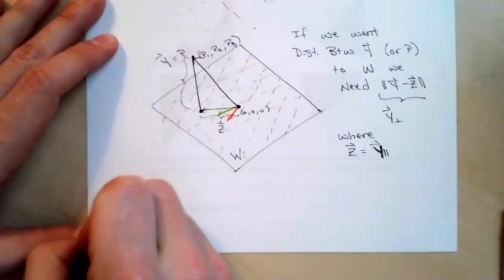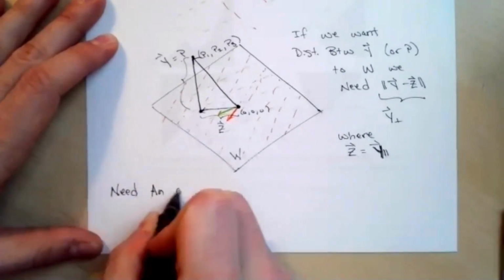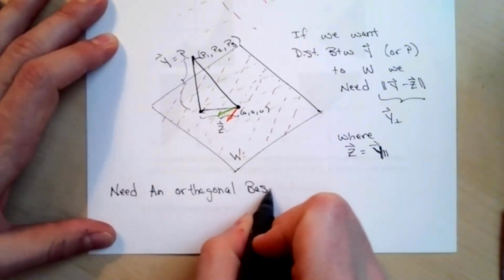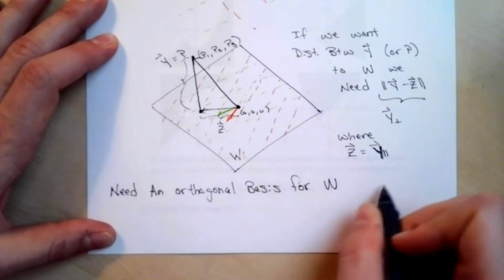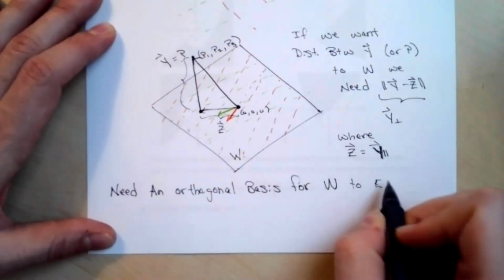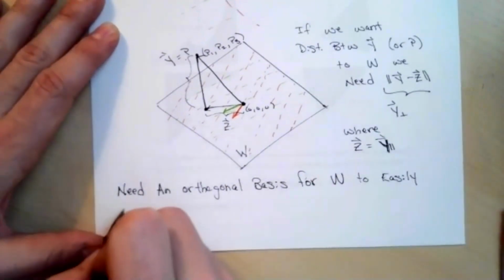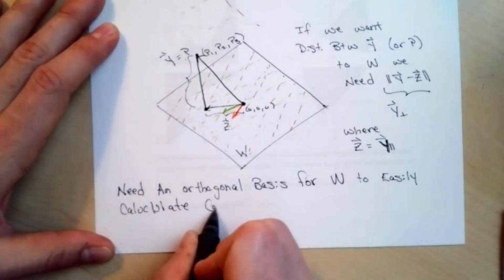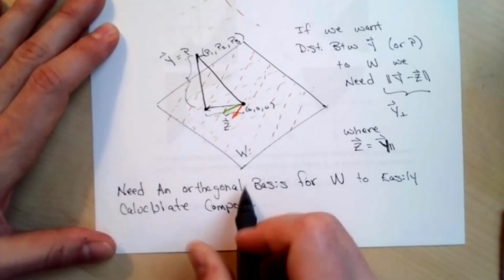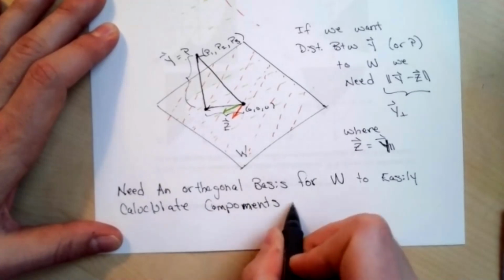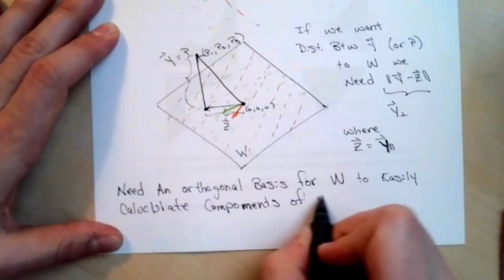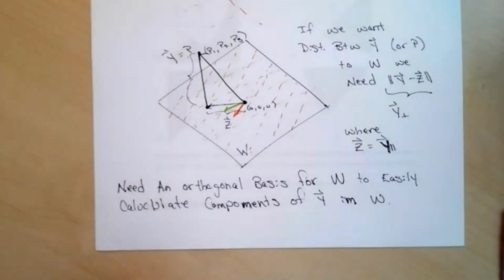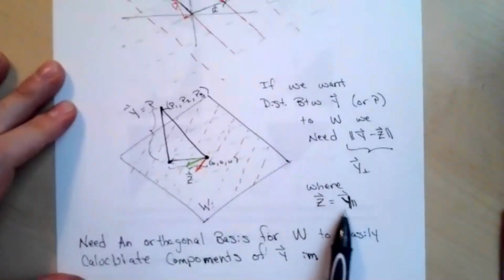So I'll just summarize that. We need an orthogonal basis for W to easily calculate components of Y in W, namely this parallel component.